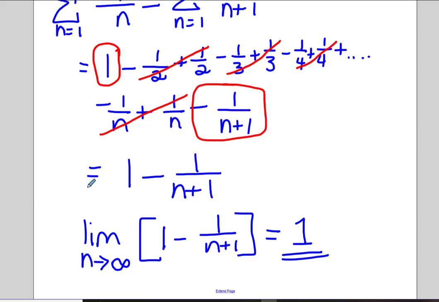And we used partial fractions to find the sum of the series, and the sum of this series, which was a telescoping series, is 1.